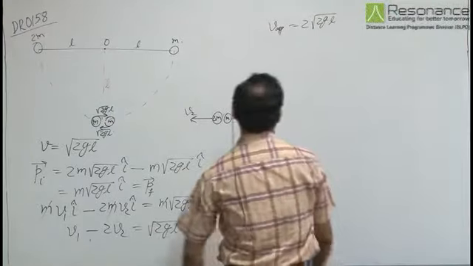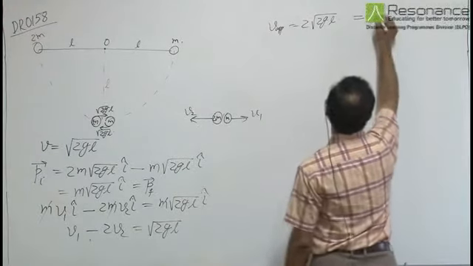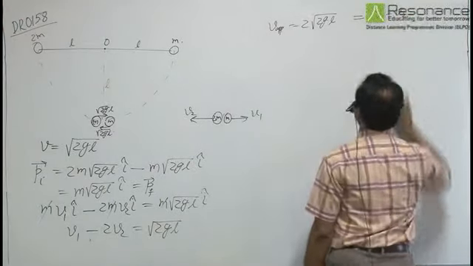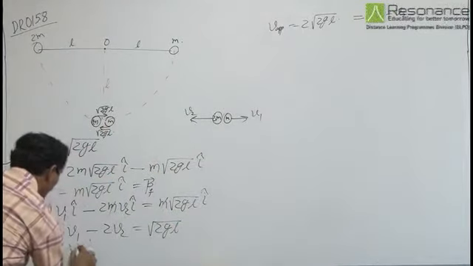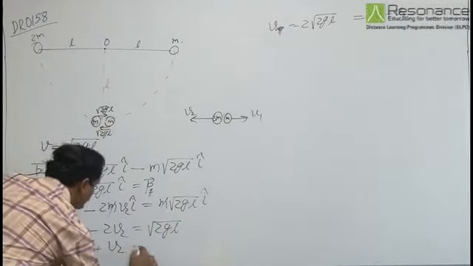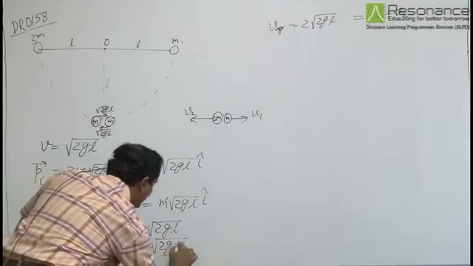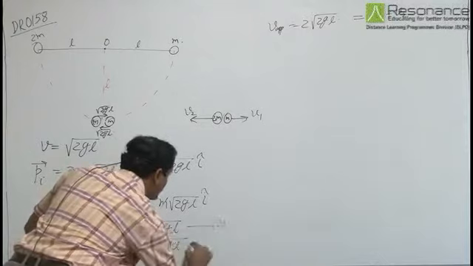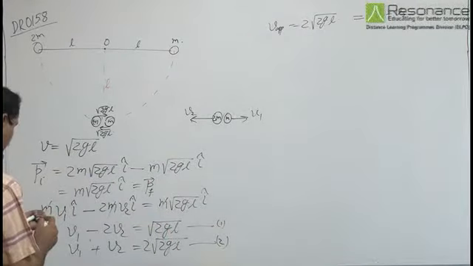This is the velocity of approach, and the velocity of recede is v1 plus v2. So here from we have v1 plus v2 is equal to 2 root 2gL. Let us assume these equations to be equations 1 and 2.